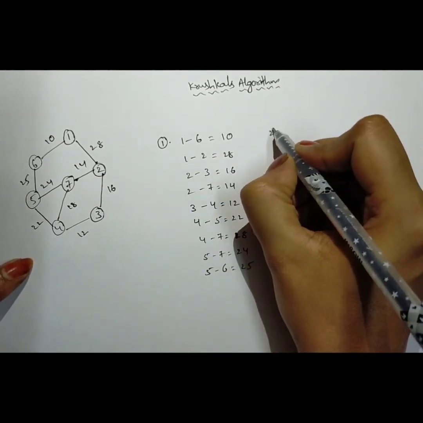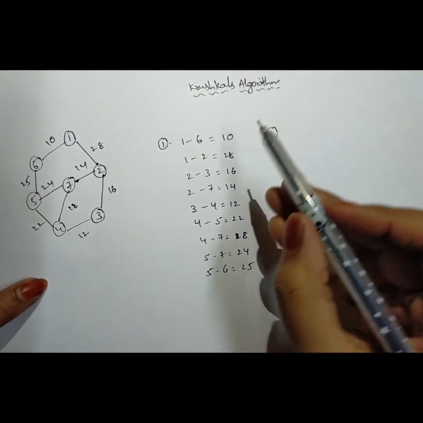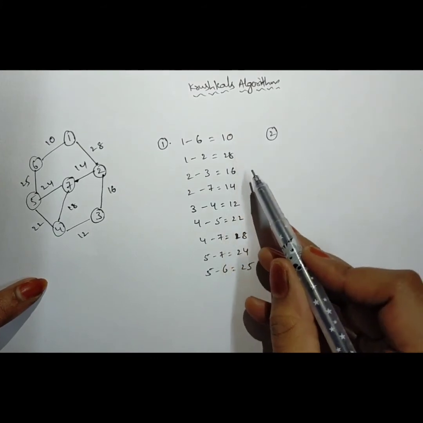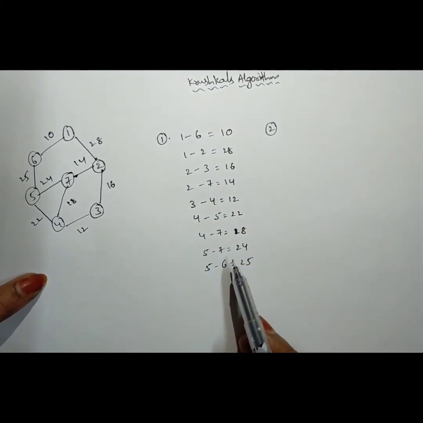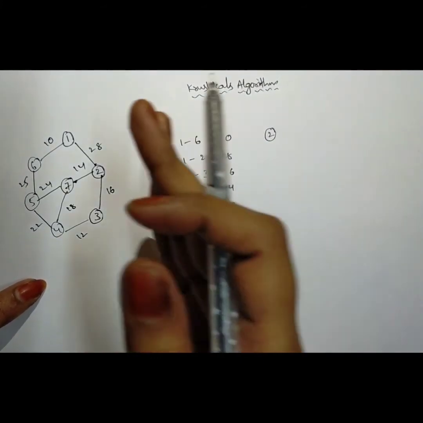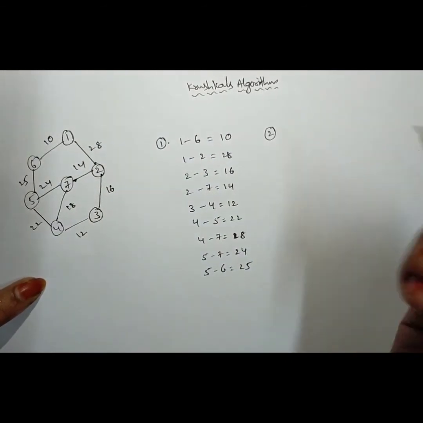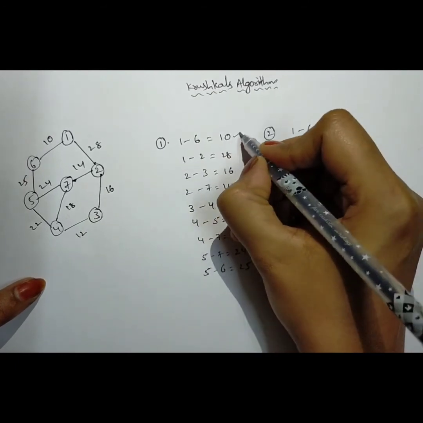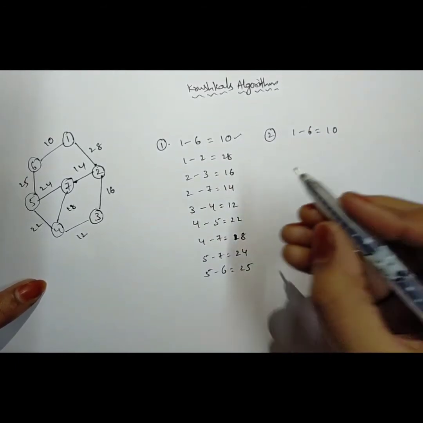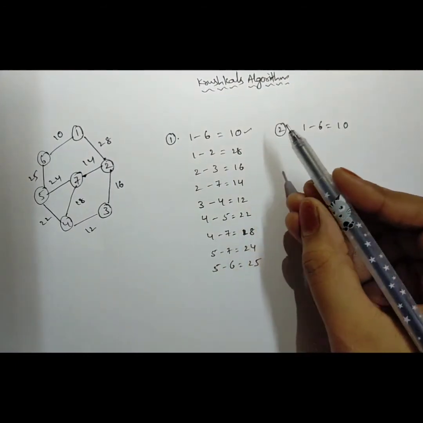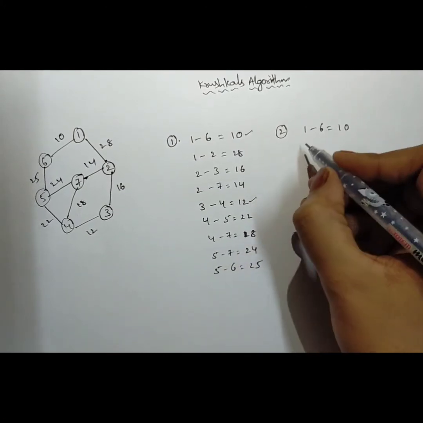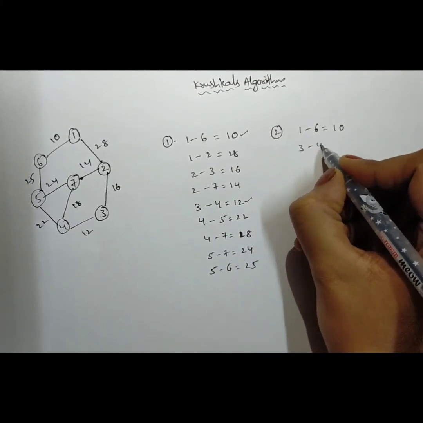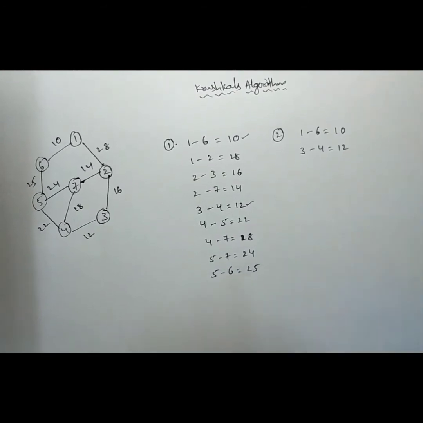Now coming to the second step, I need to arrange all these edges in ascending order, okay, from smaller to greater number. See, 1 to 6, 10. I have considered this edge. Next smallest weight is 12, so I am considering the edge 3 to 4 with weight 12.